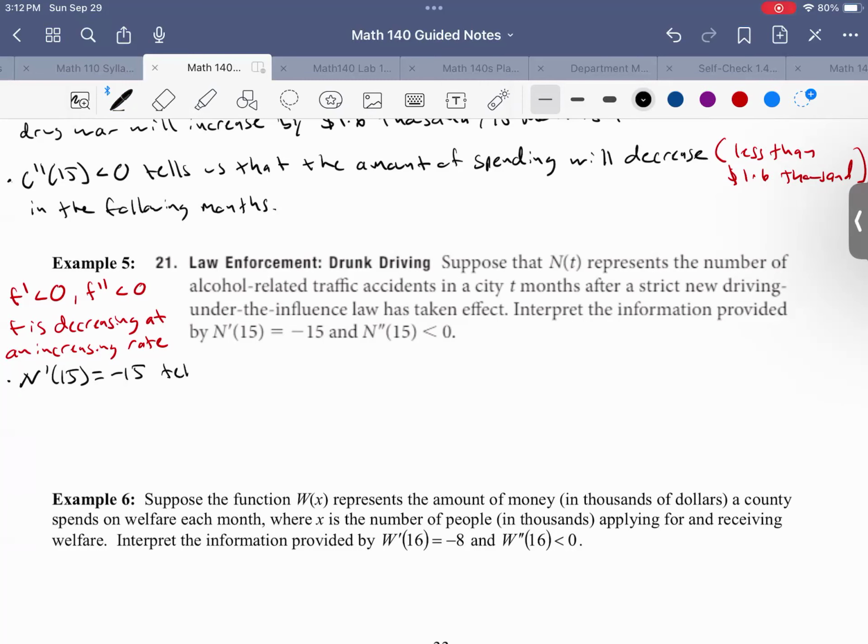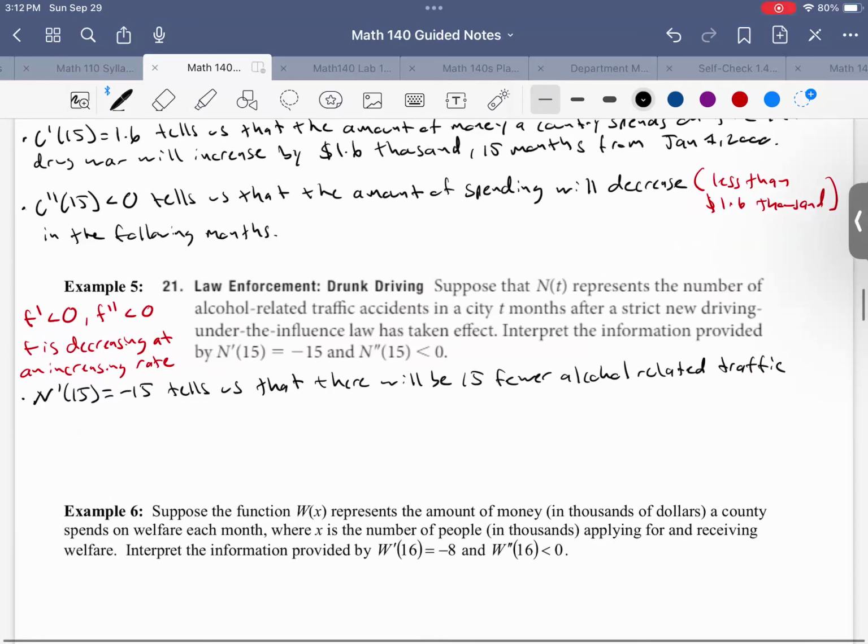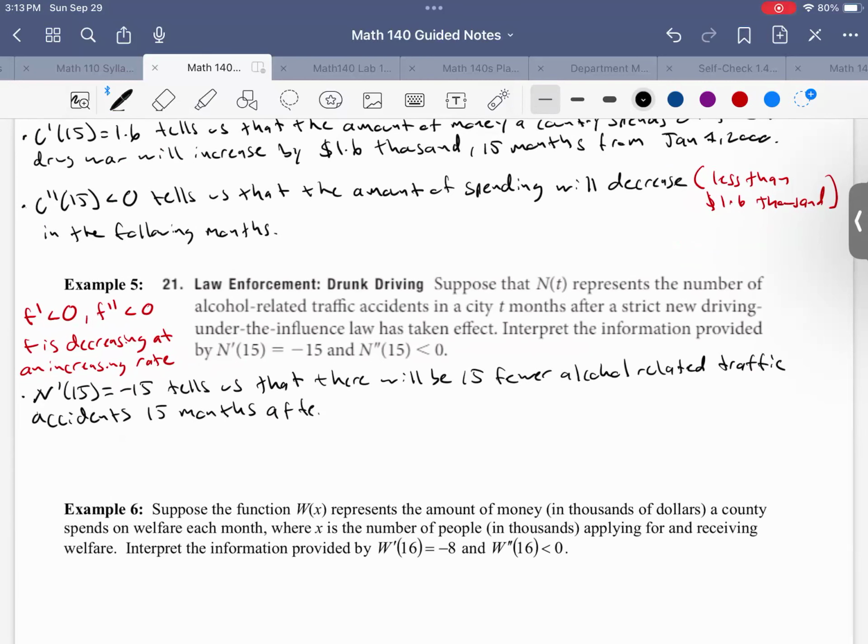This tells us that there will be 15 fewer alcohol related traffic accidents 15 months after the law has taken effect.